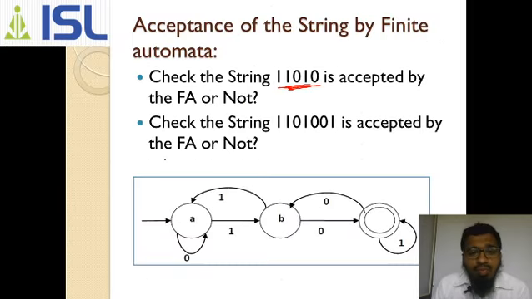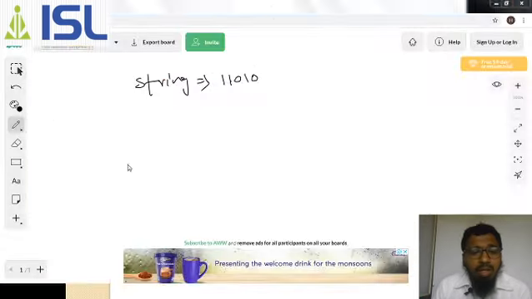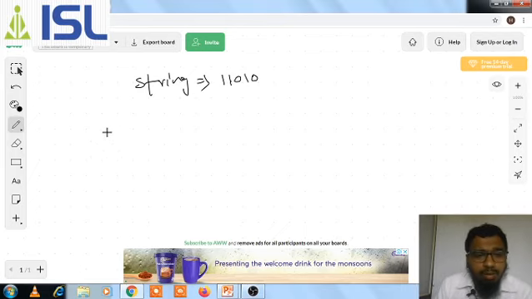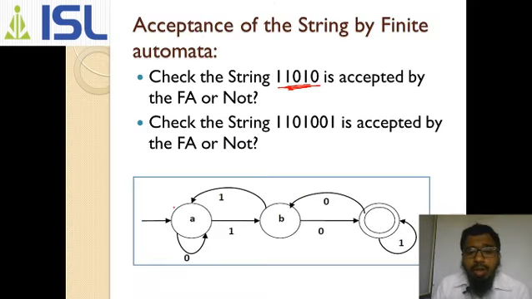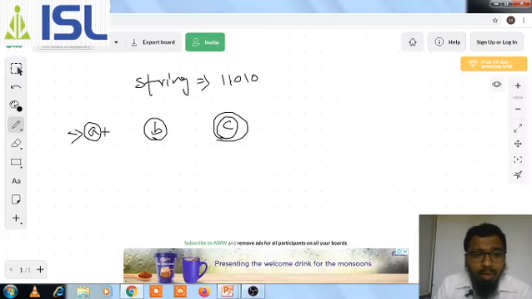And we have the graph, this one. We will draw it quickly here. A, B, C. This is the initial state, this is a normal state, and this is a final state. And here is the initial state representation. If it is 0 it is going to A and B. Here the 1.